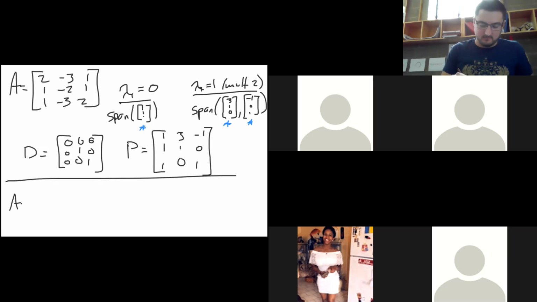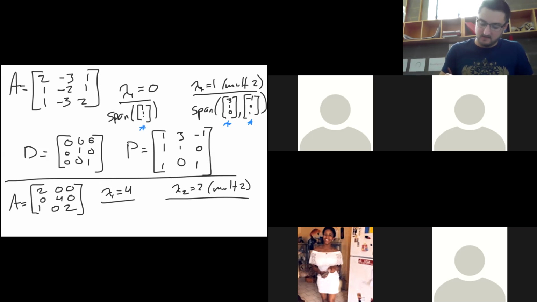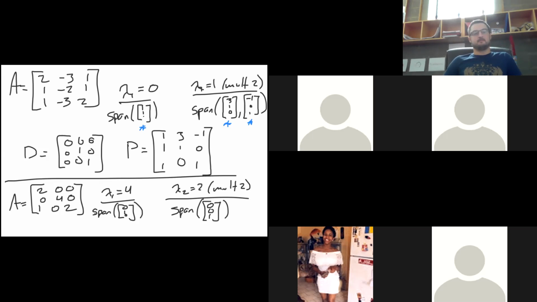The counterexample I was going to give was 2, 0, 0, 0, 4, 0, 1, 0, 2. And this has eigenvalues of 4 and 2 with multiplicity 2. But if I look at what spans those eigenspaces in your eigenvector basis, it would have been 0, 1, 0 and 0, 0, 1.